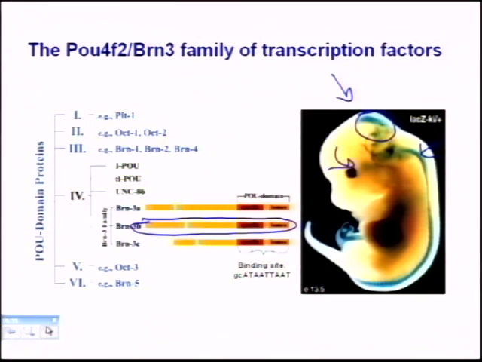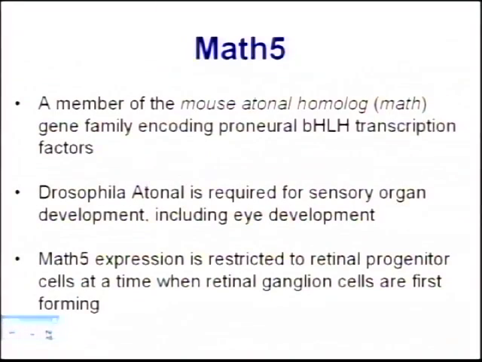I showed you the antibody staining of Brn3b. So Brn3b in the eye is specifically expressed in the neural retina in the differentiating ganglion cells. So Brn3b is a very important transcription factor for the differentiation of ganglion cells.